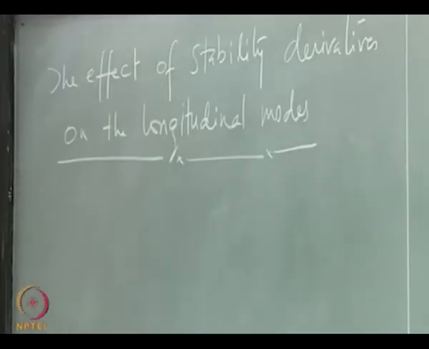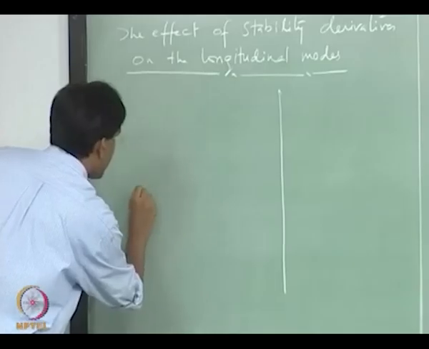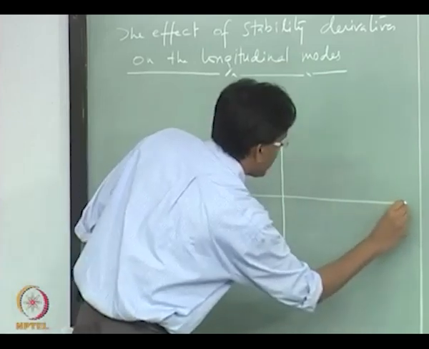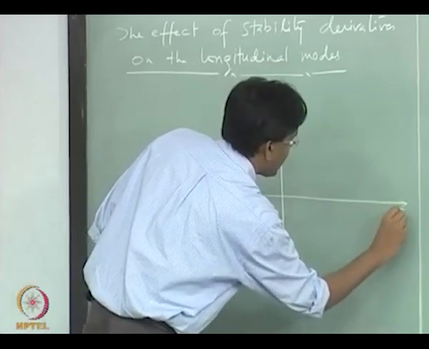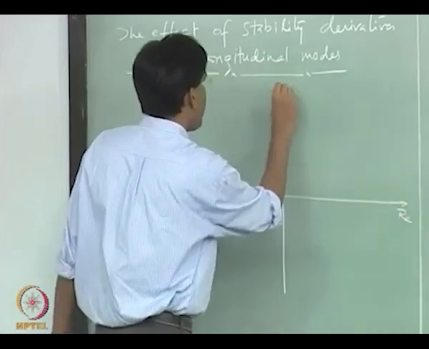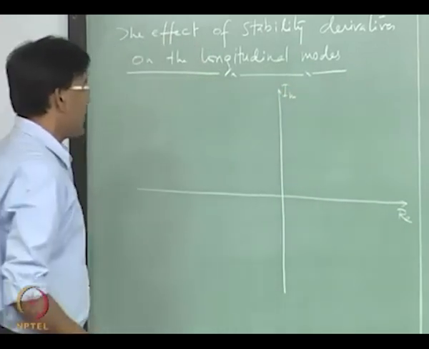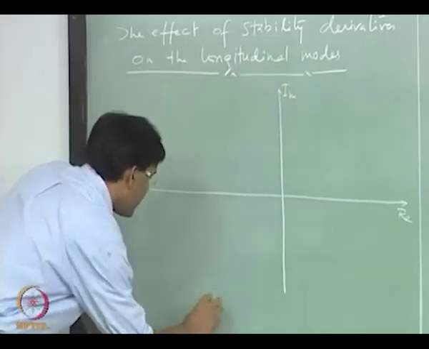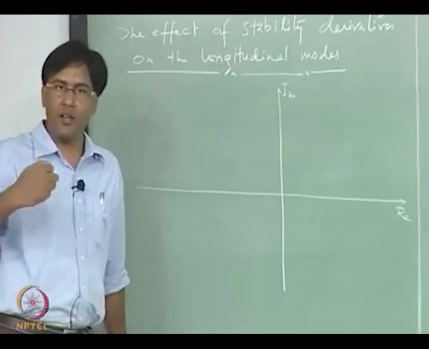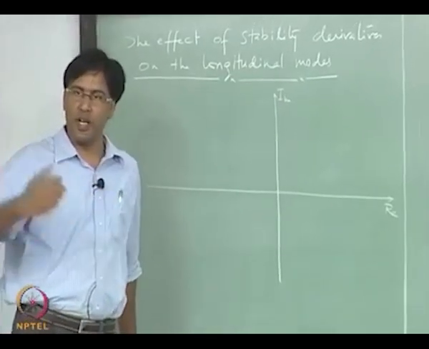What we want to look at is how the short period and the phugoid mode eigenvalues are moving when we are changing something. So, the variation in the direction of the arrow is CG is moving up.